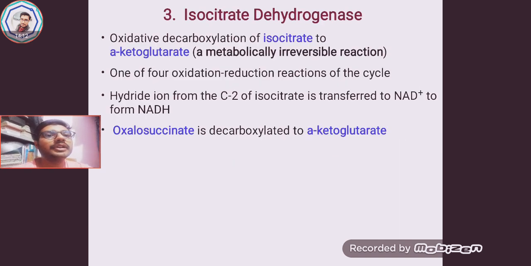Now come to isocitrate dehydrogenase. It is the oxidative decarboxylation of isocitrate to alpha ketoglutarate, a metabolically irreversible reaction. It is one of the 4 oxidation-reduction reactions of the cycle.